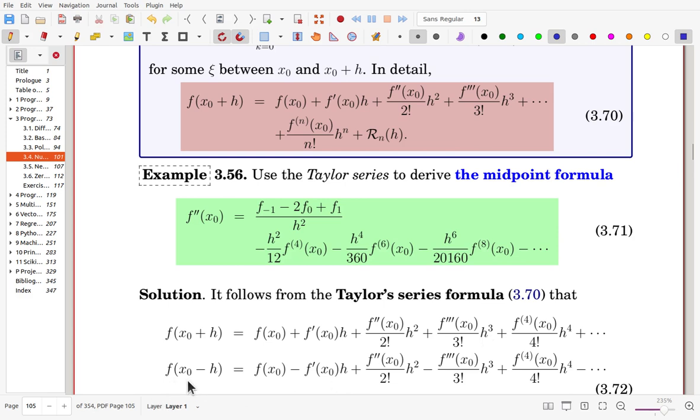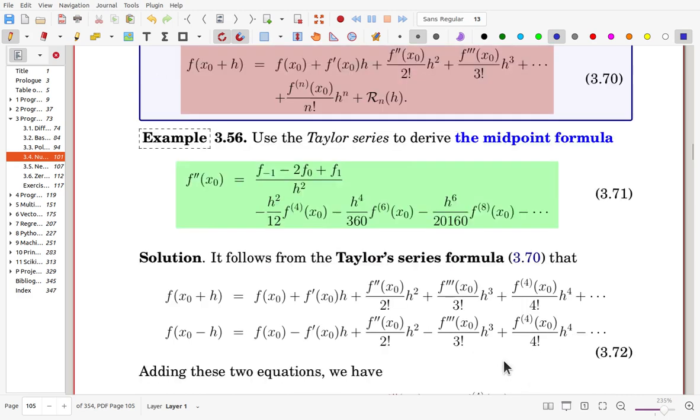Now for x0 minus h, rather than plus h, we are using minus h, so the negative sign appears. The minus h squared is h squared, so we have a plus, and again cubed, so we have a minus, and the fourth power plus, and so on.